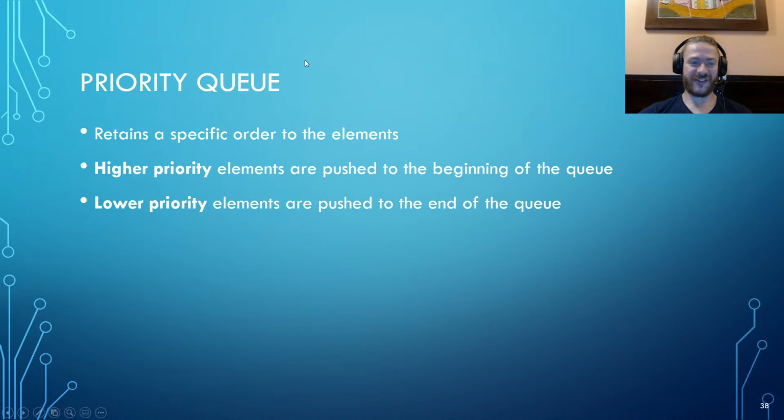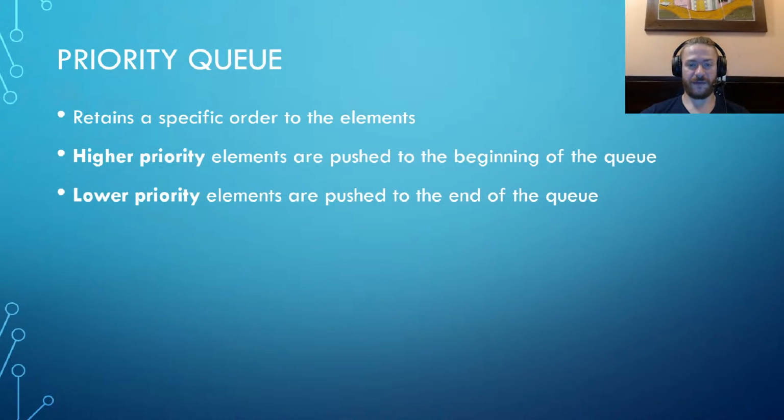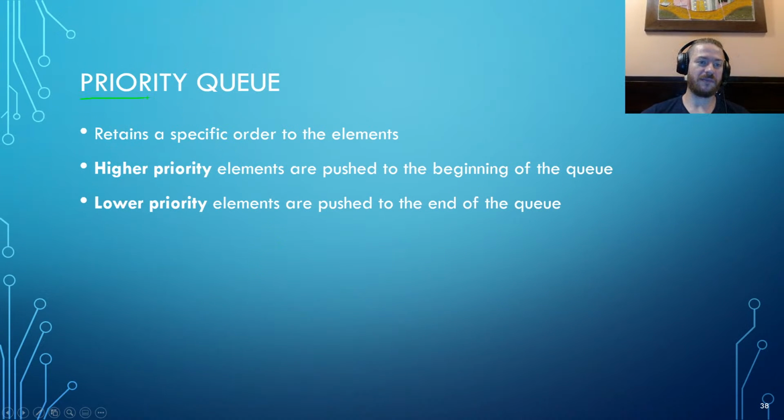The priority queue is the same. We enter values in the queue, but it doesn't matter which entered first, like in the normal queue. It matters the priority. So if we create a priority queue of numbers, we need to specify priority.